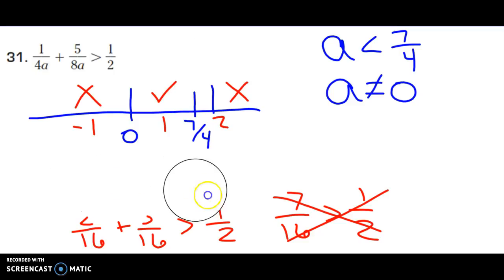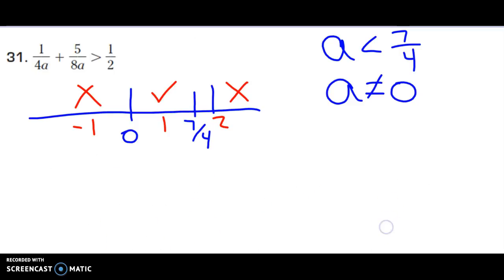All right, so our interval solution is going to be between 0, and it cannot be equal to 0, right? That's an a, and 7/4. Can it be equal to 7/4?